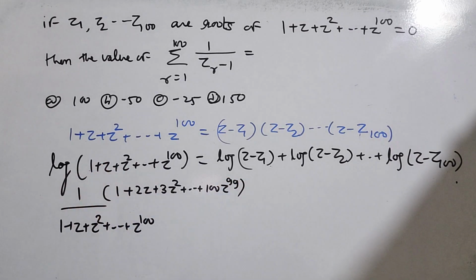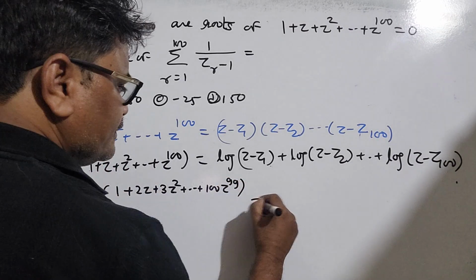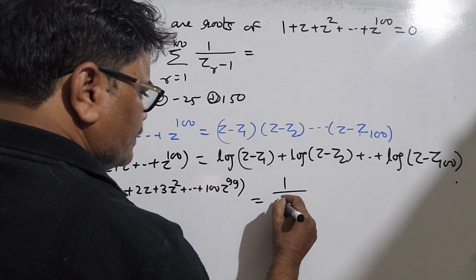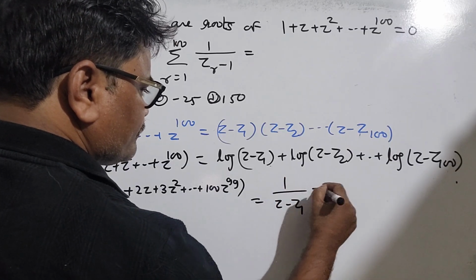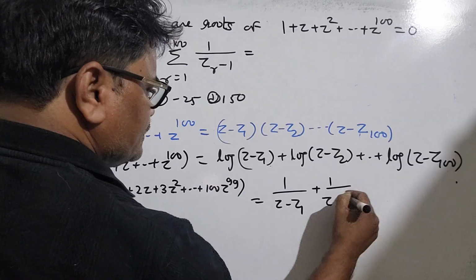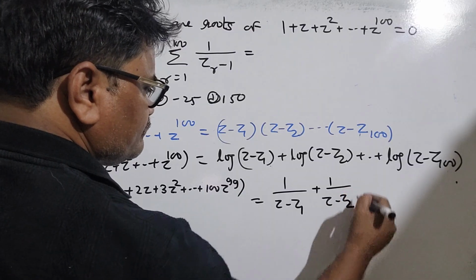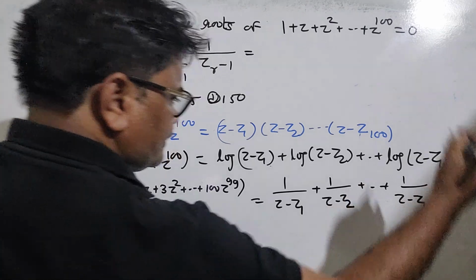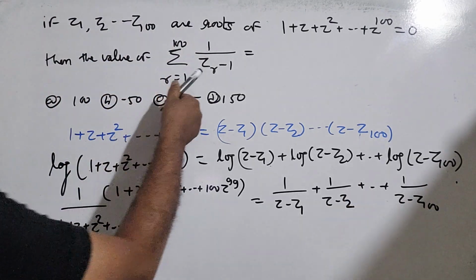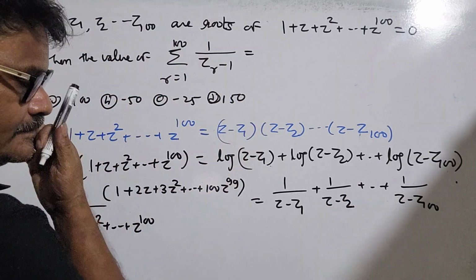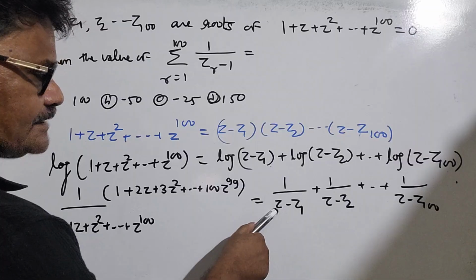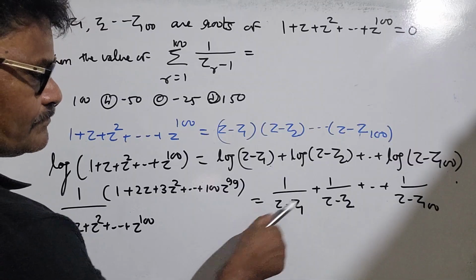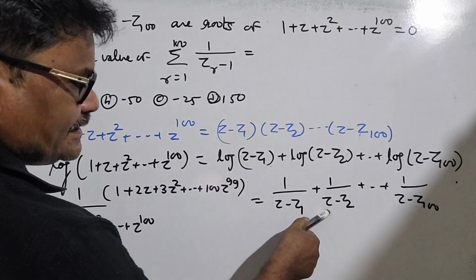On the right side I can write 1 upon (z minus z1) plus 1 upon (z minus z2) up to 1 upon (z minus z100). I want z1 minus 1, so z has to be 1.